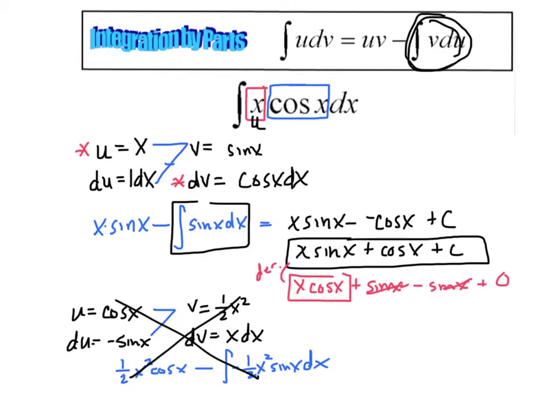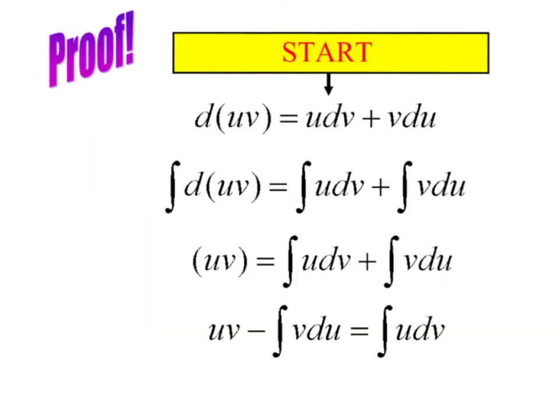Let's look at the proof. So this is the proof of integration by parts. What I've stated here right at the beginning is that if I take the derivative of a product, so two functions multiplied together, I do the first multiplied by the derivative of the second, plus second multiplied by derivative of the first. So this is just product rule. Then I found the integral of each term. Integrals are algebraic. If I integrate one side, I have to integrate the other.